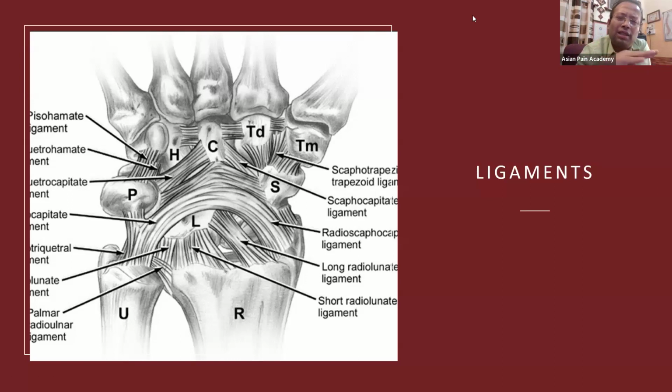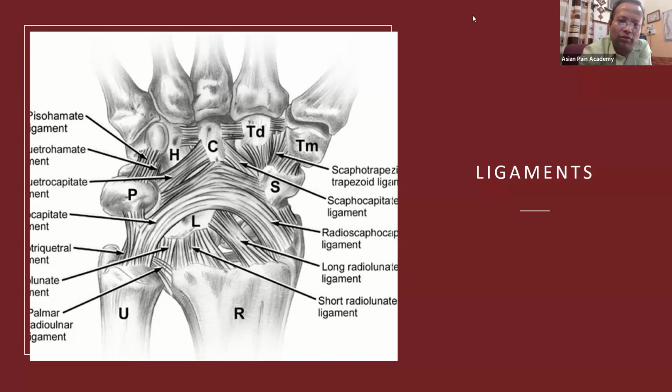All the carpal bones are attached to their adjacent bones. There are multiple small ligaments, but how can we remember so many? We don't need to remember all of them. So which are the important ligaments here?